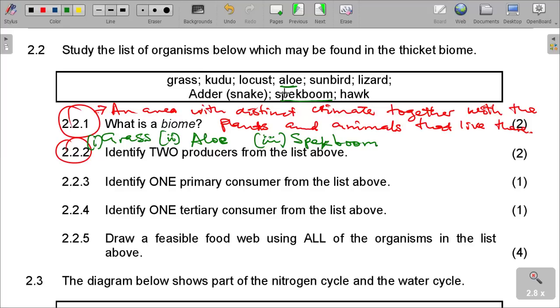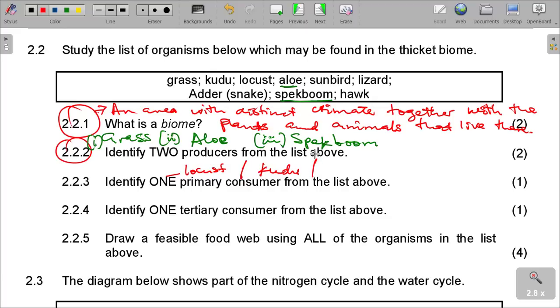We can talk about the locust. It can be a primary consumer. Number one primary consumer, we can say a locust, or we can also have the coot.